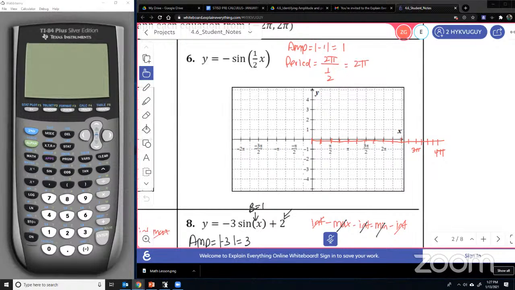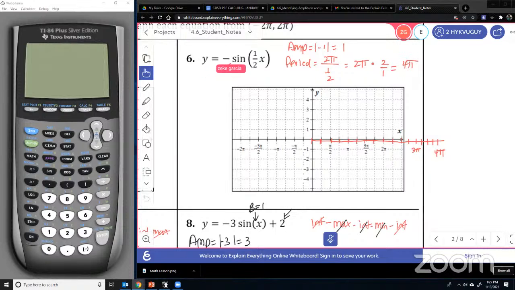So it's 2 pi times, okay, this is where you have to remember your arithmetic, 2 pi times the reciprocal of 1 over 2. So it's 2 over 1. So what does that say about the period? It's going to take longer. So 2 pi times 2 is 4 pi.